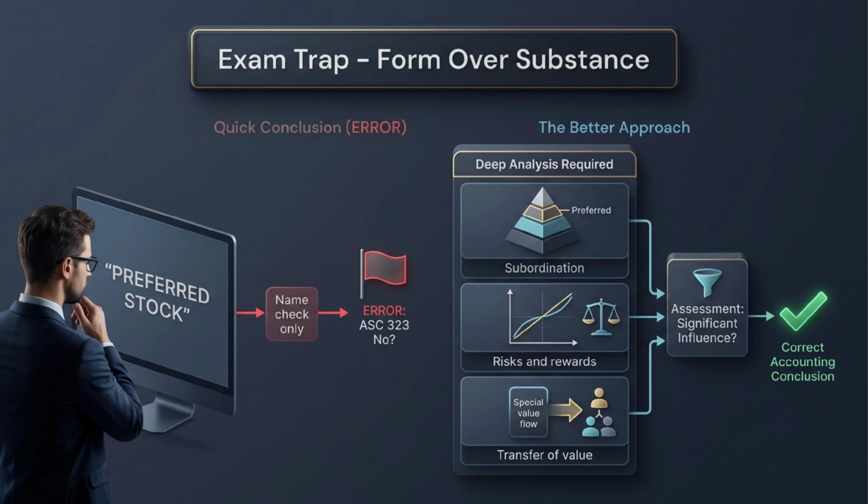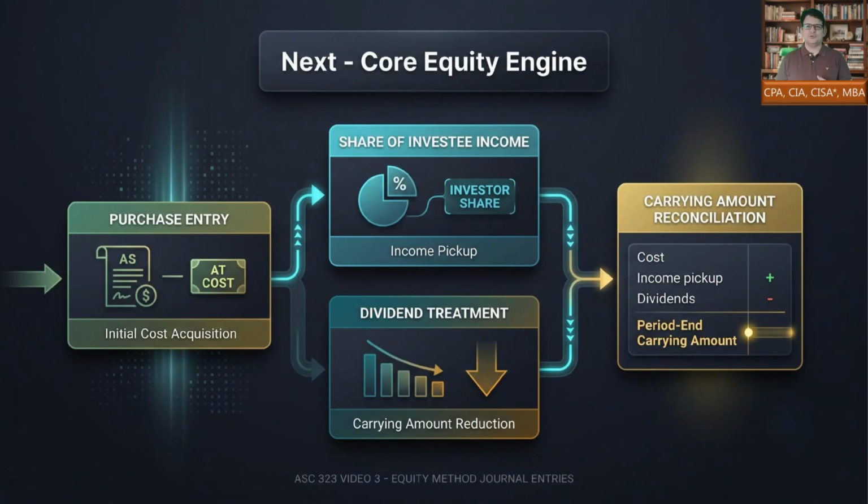Then separately assess significant influence. Only after both pieces are analyzed should we reach the accounting conclusion. On exams, the best answer often rewards the learner who slows down for the terms instead of racing toward the label. In the next video, we finally start the core equity method engine.